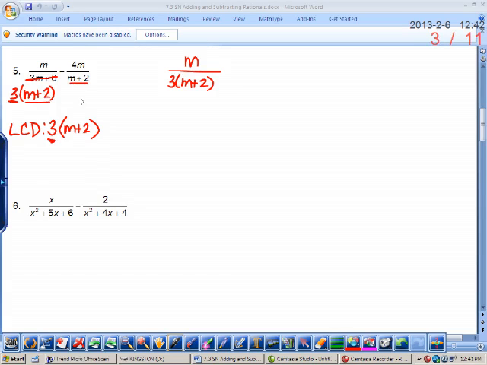M plus 2 is a factor, and I have it represented here in my common denominator. Okay? You have to always factor each denominator as much as possible before trying to come up with your LCD.